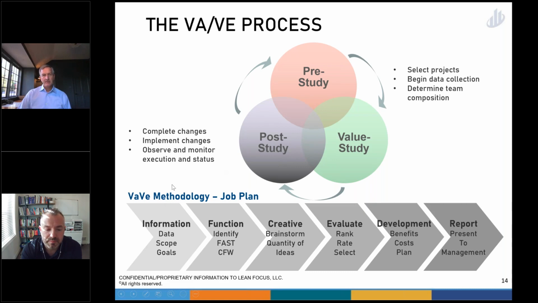So the VAVE methodology starts with information gathering: what data do we have? What are our goals for this? Why are we doing this? Is it a pure cost reduction? Are there value opportunities here? Then we use this function identity called the FAST, which is Function Analysis System Technique, which really helps to put the focus on how we are going to problem solve this situation.